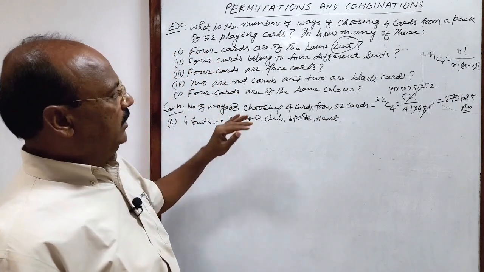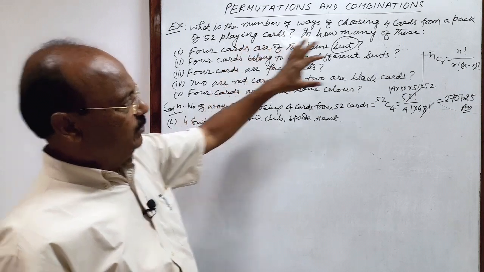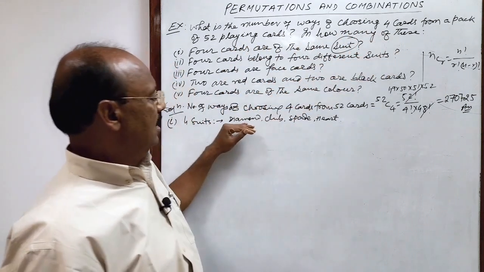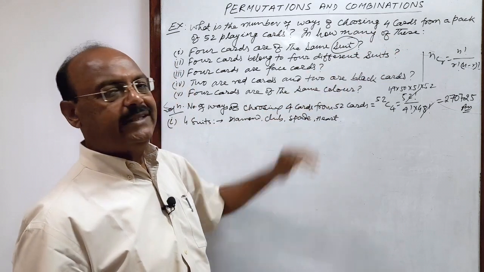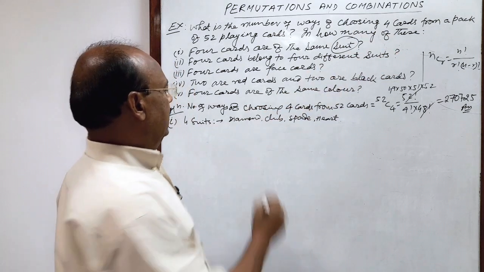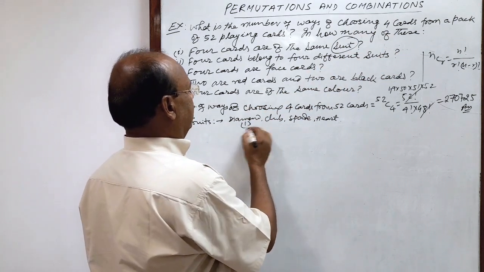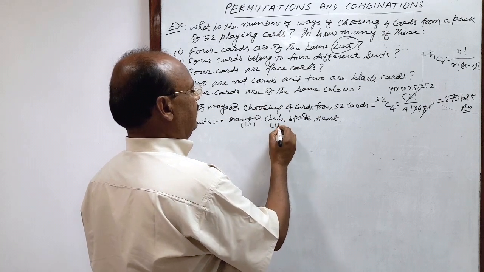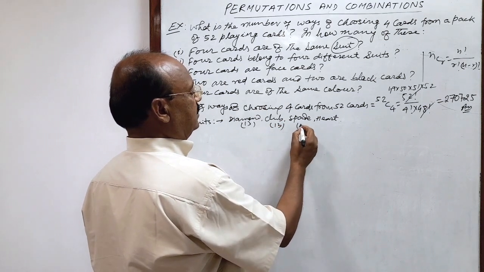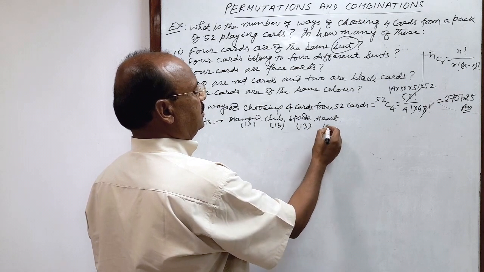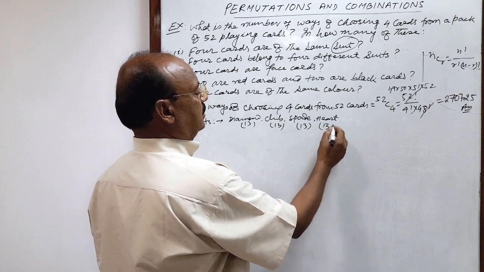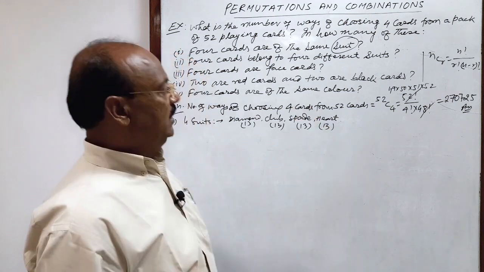Clear? And you know that in a pack of 52 there are 13 cards in each suit. Here diamond is having 13 cards, club is having 13 cards, spade 13 and heart 13. Clear?